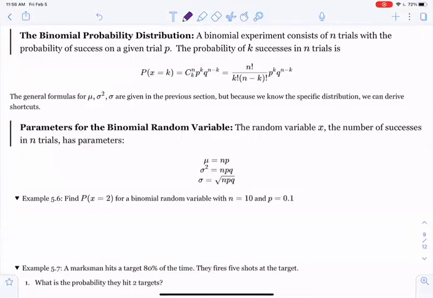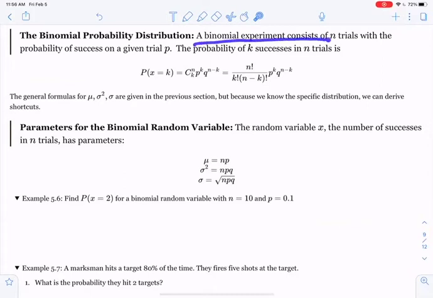In fact, we do get a shortcut. We get what we call the binomial probability distribution. This gives us a way to find the probability of getting exactly k successes in n trials.